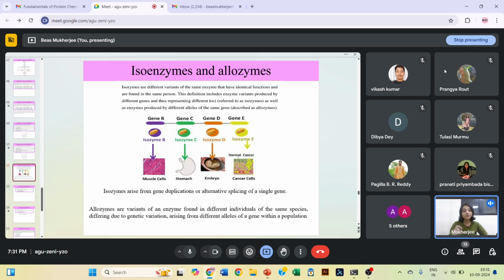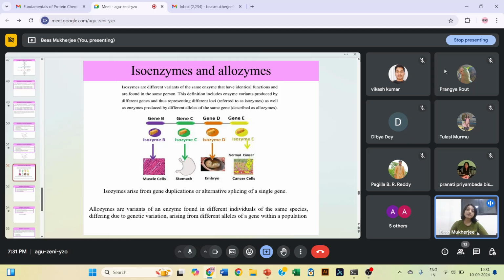This gives you proteins with very slight modification in the sequence, because of which different physical and chemical properties can be acquired by these proteins, although they are probably similar in function.